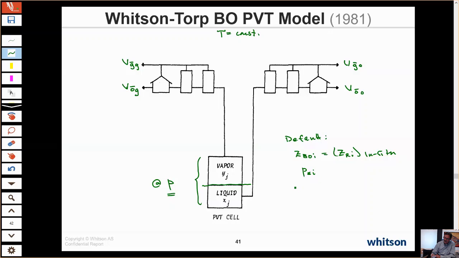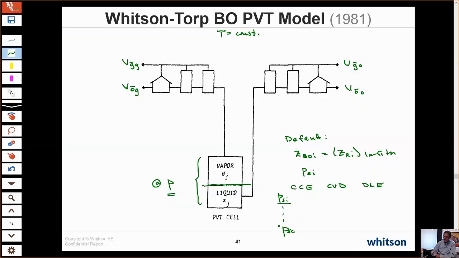And using one of the depletion type experiments that Singh's going to talk about, CCE, CVD, which was the original Whitson-Torp method, or DLE, we could basically create these equilibrium vapor and liquids by depleting, starting at the initial saturation pressure and going down to standard conditions or some low pressure.